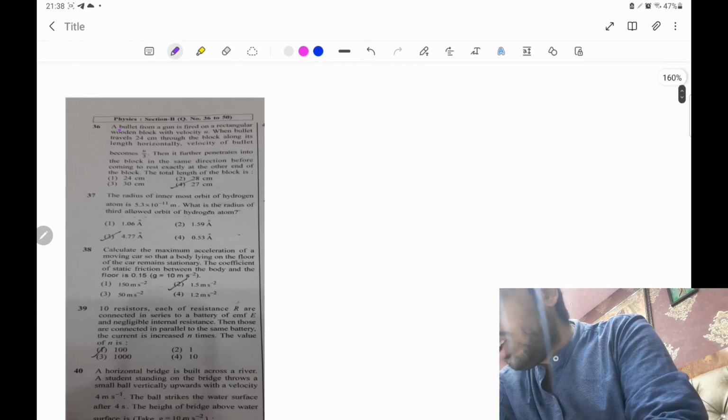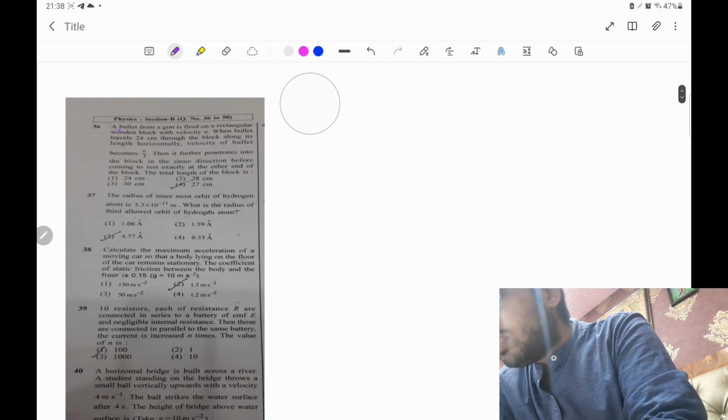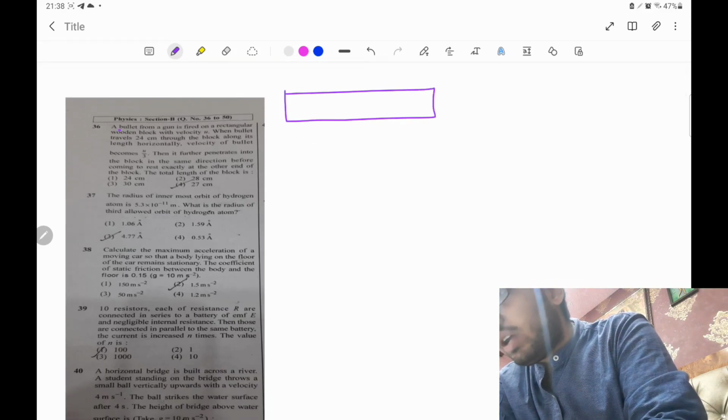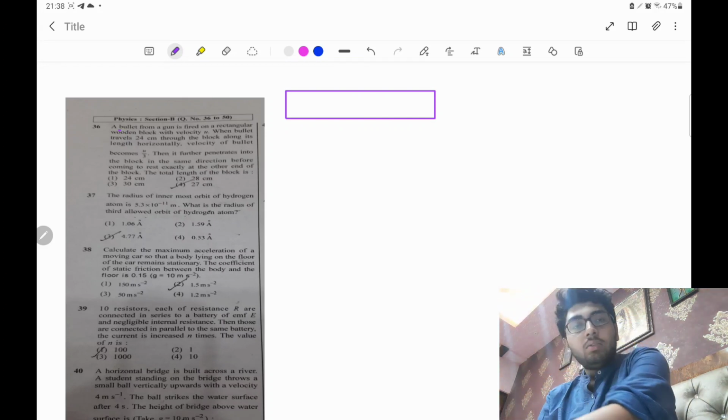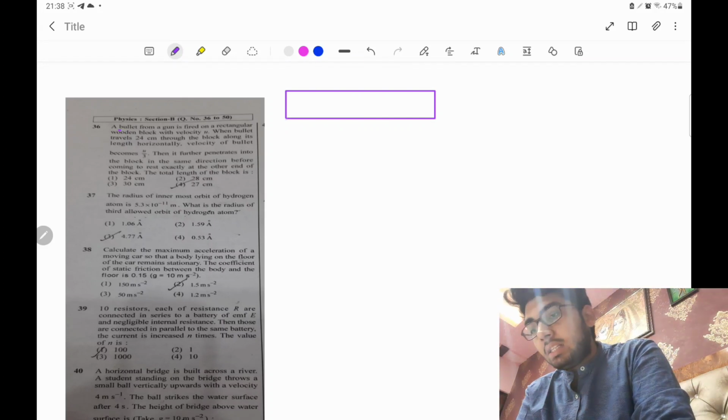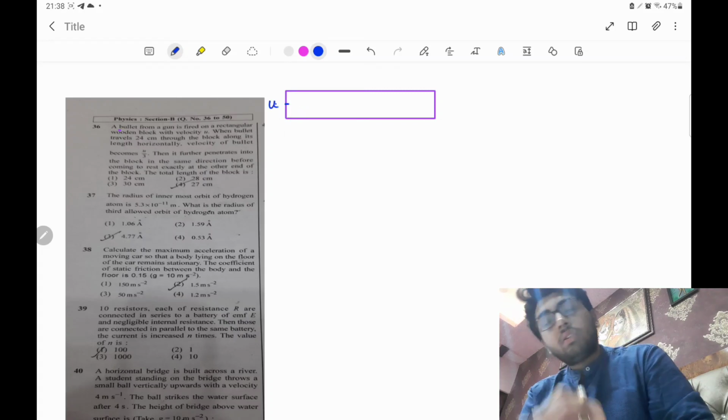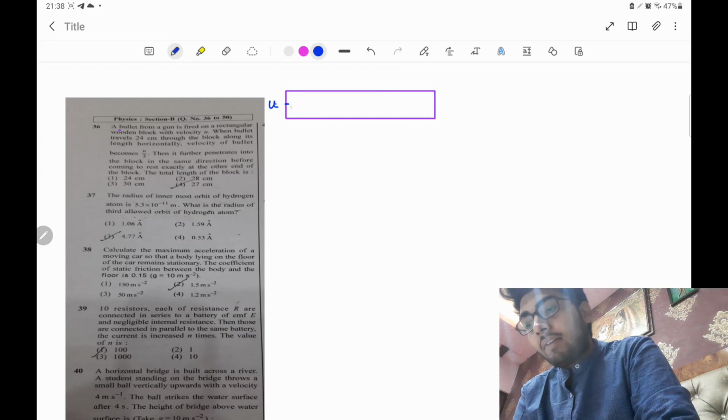Just try to understand. Suppose this is my wooden block, and this is the entry point. At the entry point, let us assume that the bullet had a velocity u, and after traveling a distance of 24 centimeters, at this particular point P, the velocity has become u by 3.